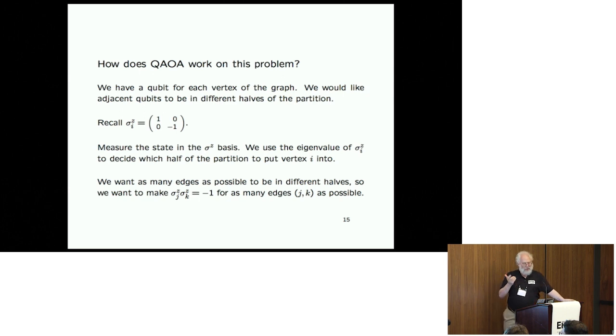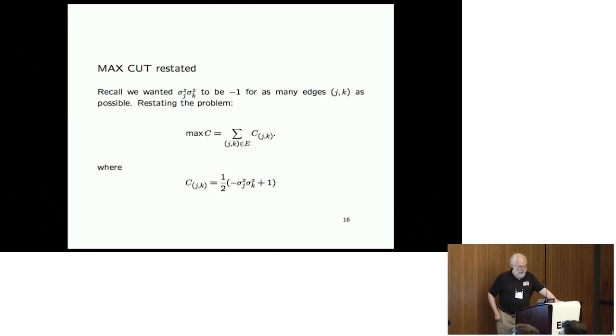So to maximize the number of edges in different halves, we want to make sigma z sub j, sigma z sub k be minus 1 for as many different edges jk as possible. This is just the optimization problem restated, with a qubit assigned to each vertex. So we want to maximize C sub jk, where C sub jk is this operator.